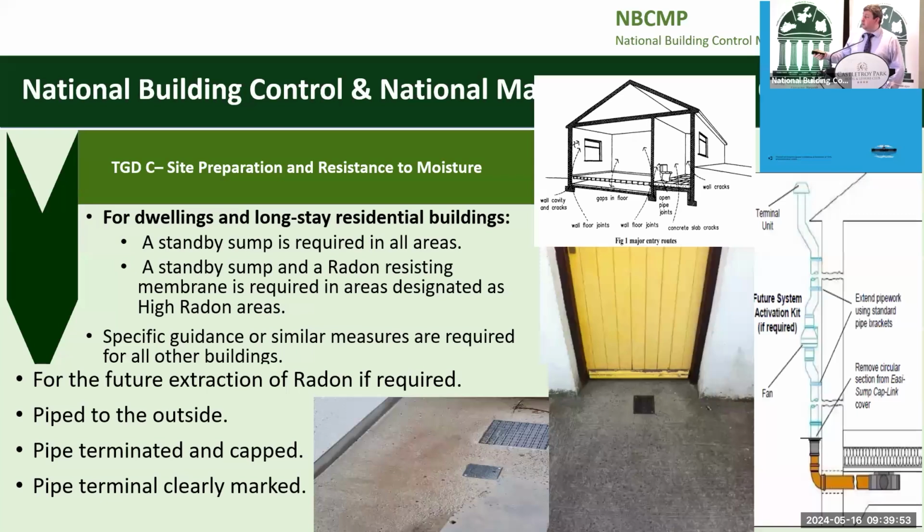These are real life things that people are not taking into consideration. Consider where your plan is, because if you have to install one of these at a later date, you don't want it going through the middle of a window, you don't want to put excess junctions or bends on it.